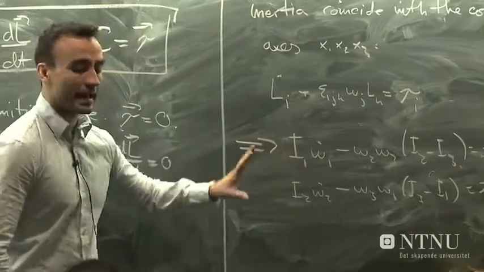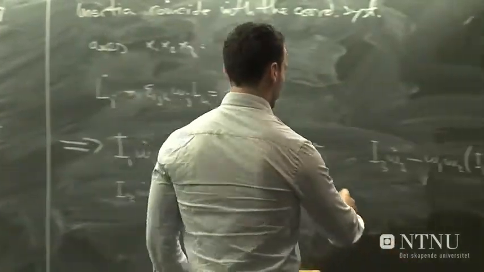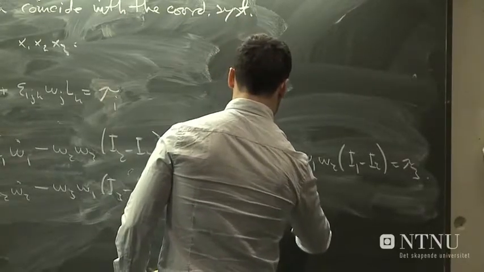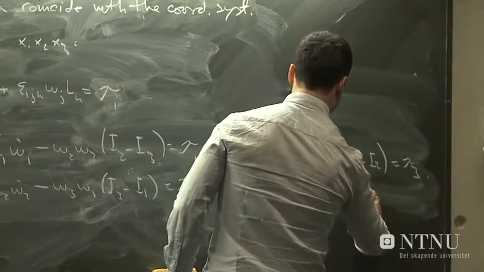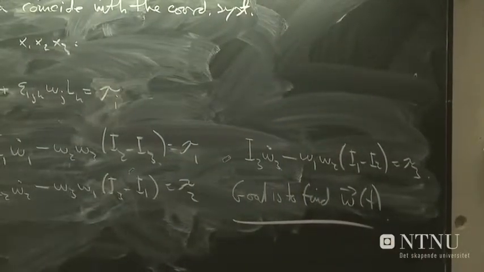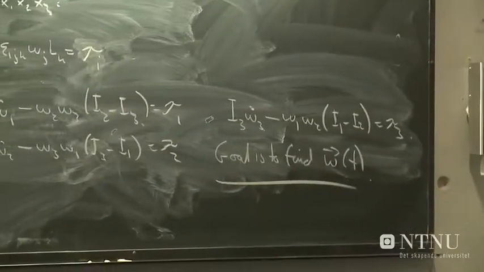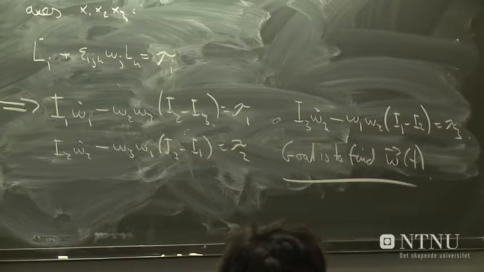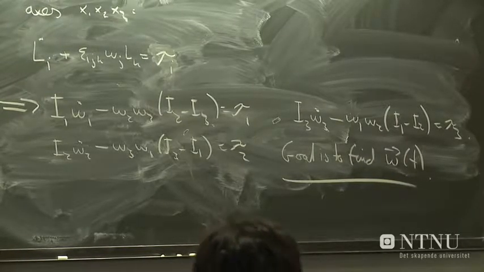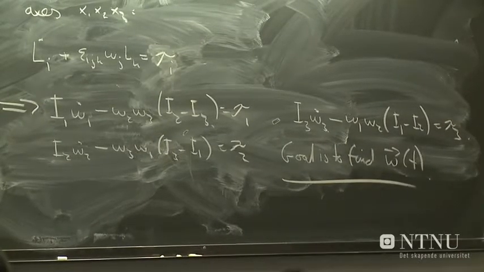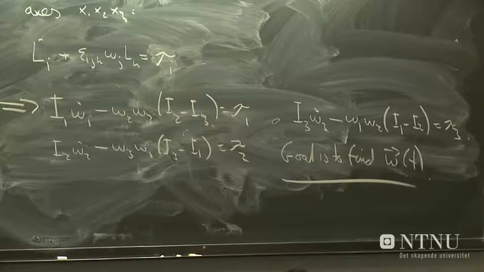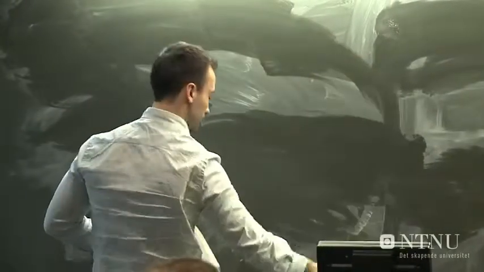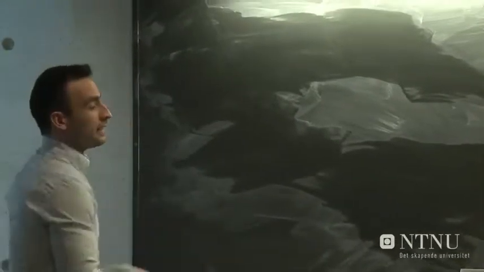These are the equations of motion, and the aim is to find omega of t. And so we'll have a look at an example now.